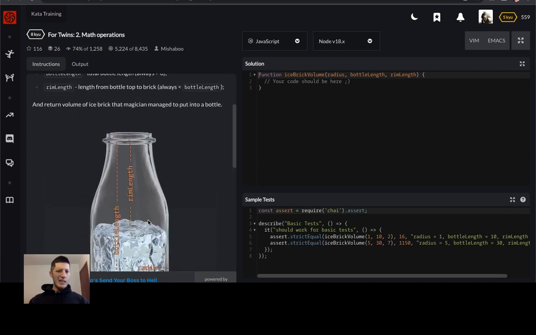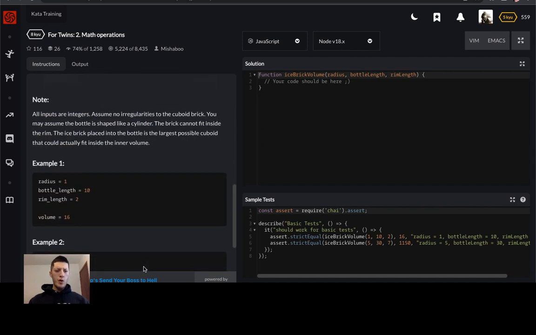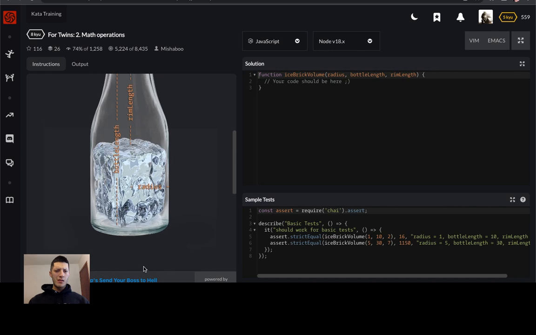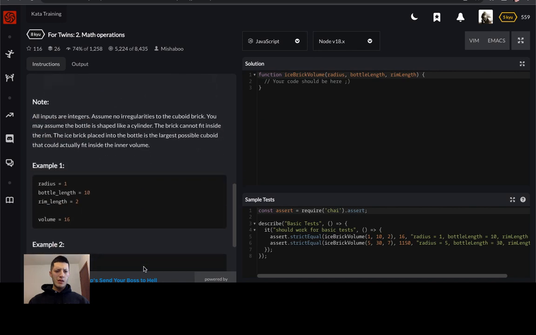It's 16. That's crazy, bro. Rim length. That's crazy.